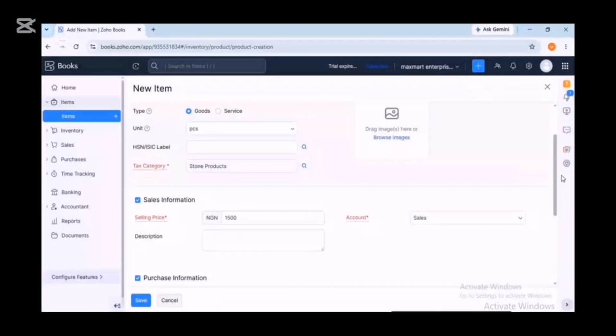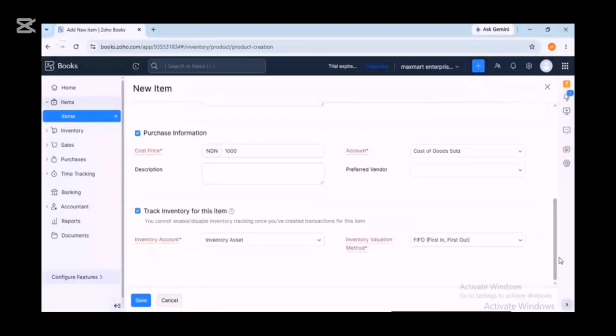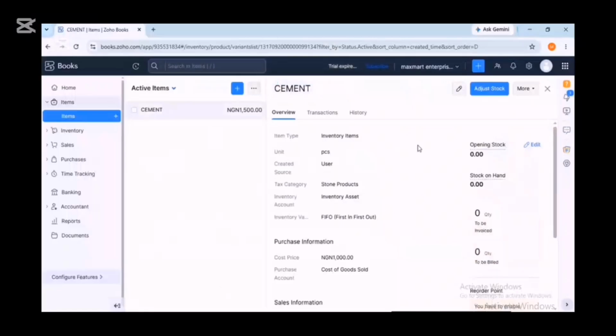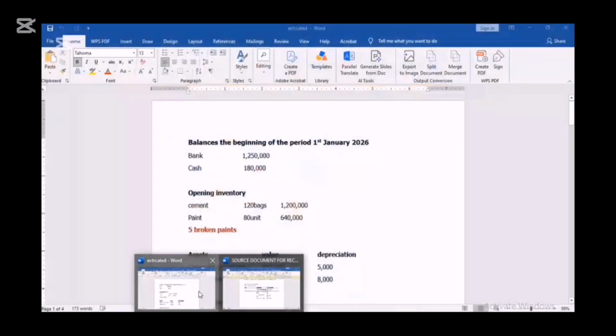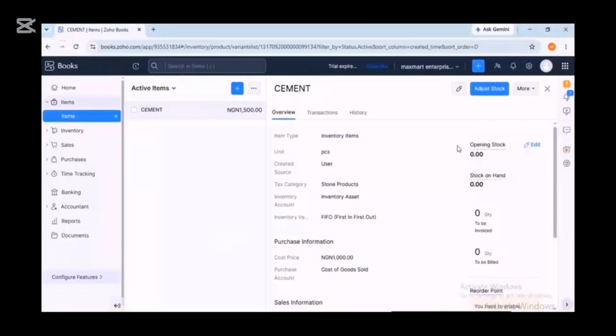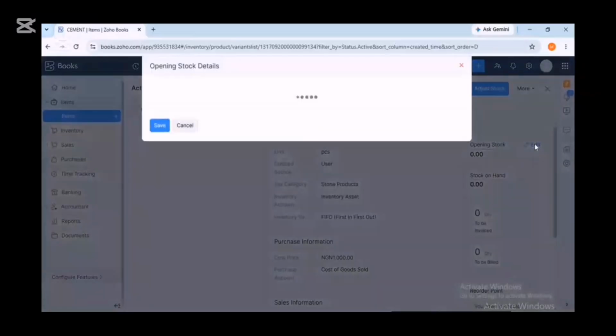So let's save up. Alright. So that's about that. So now that's the opening stock over there. So next is 120. So let's input the opening stock.